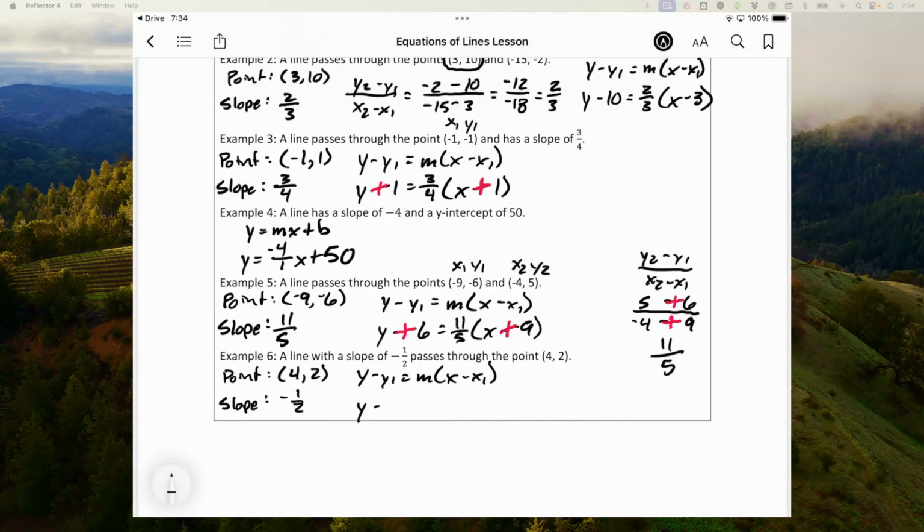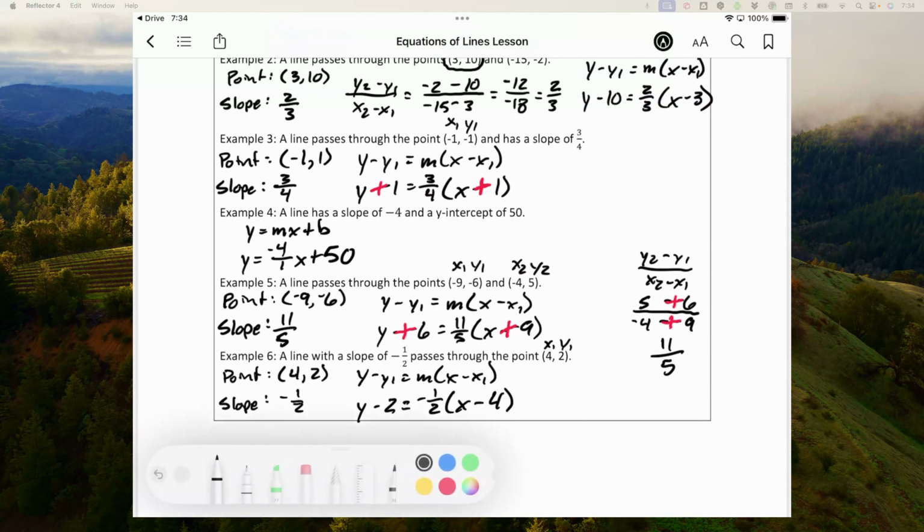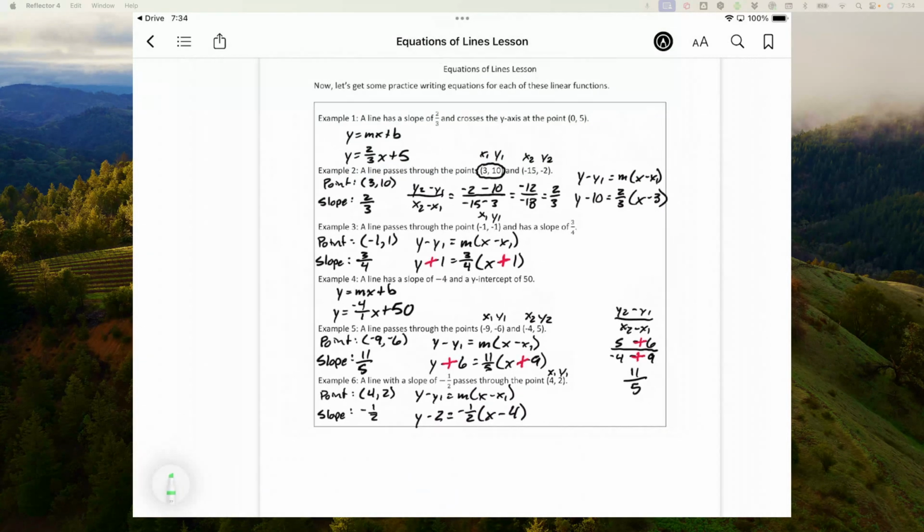So we've got y minus, here's x1, y1, y1 is 2, equals our slope, negative 1/2, times x minus x1, which is 4. And as with the others, this is an equation that represents what's going on with that line.